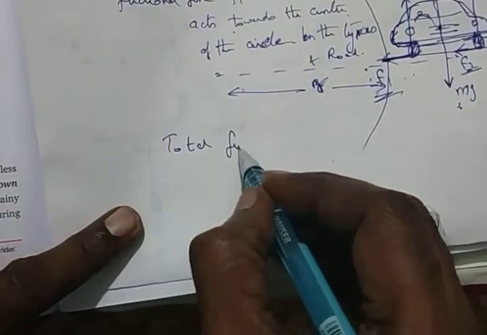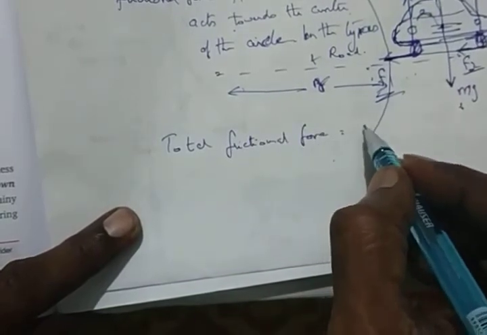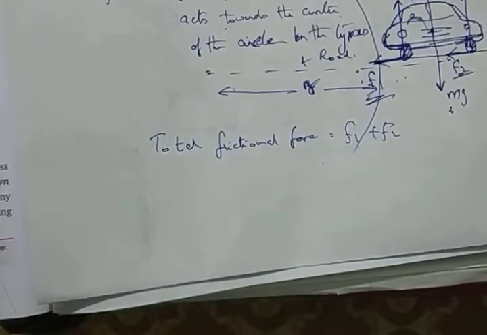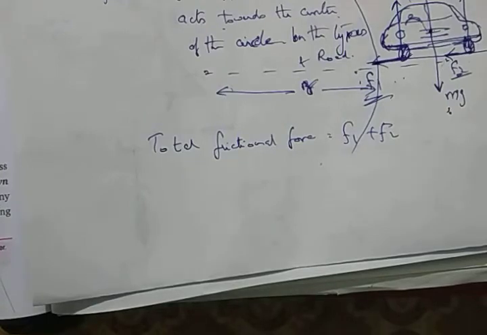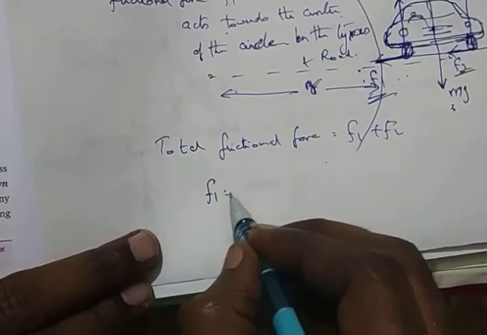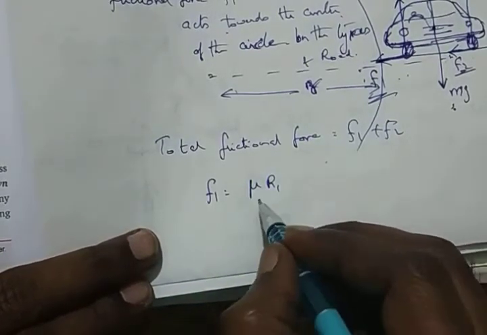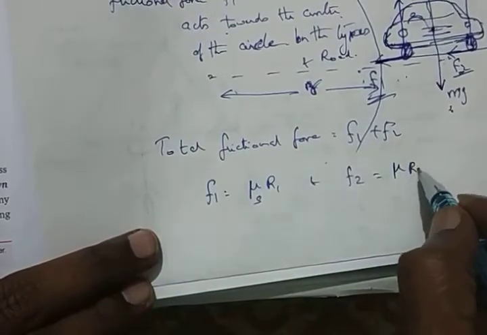Total frictional force is equal to F1 plus F2. So these two frictional forces F1 plus F2 will act together. Now in other words, F1 is equal to mu_s times R1, and F2 is equal to mu_s times R2.